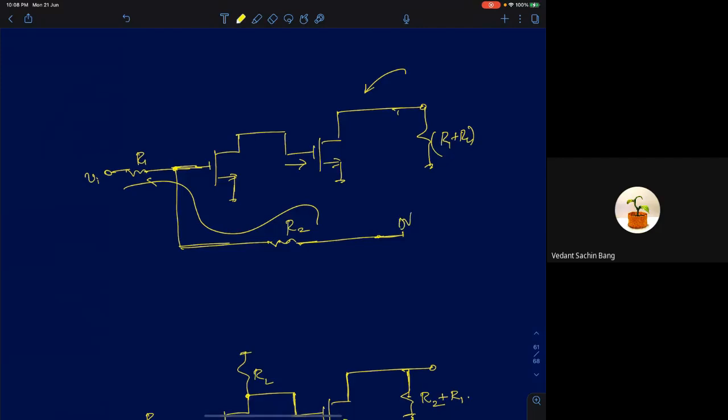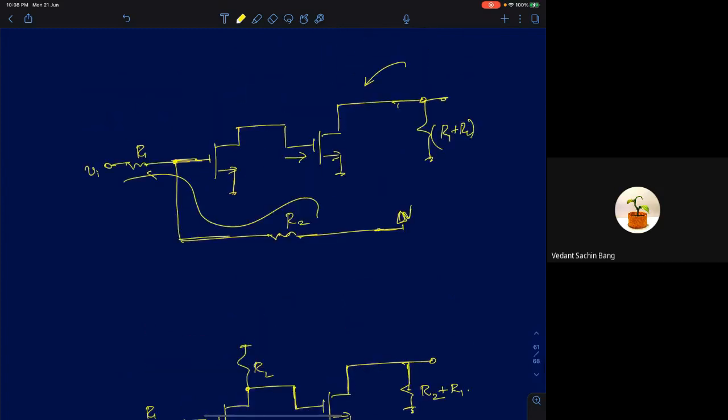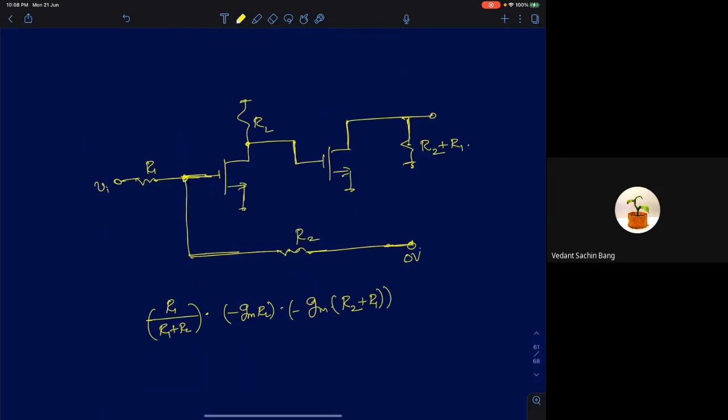So apply delta V here. This is a very trivial thing to do, but for the sake of completion, I wanted to discuss this part as well. So apply delta V at this node and come back to the voltage at this node, you get the loop gain. So if you apply delta V here, the input should be grounded when we are finding loop gain.